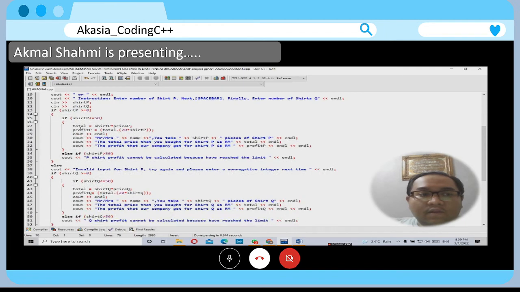Next, we are using the if statement. If shirt P is more than or equal to 0, then we open braces and make another if statement. If shirt P is less than or equal to 50, then we open braces, and we say the total equals shirt P times price P. And then to find the profit P, the calculation is total minus 20 times shirt P. 20 is the original price that comes from the factory.